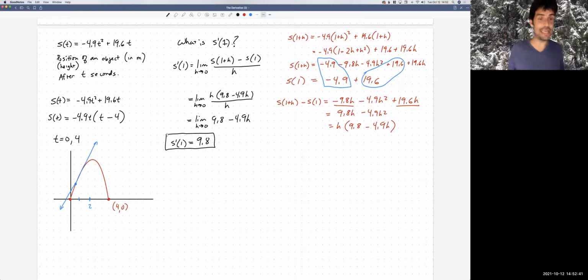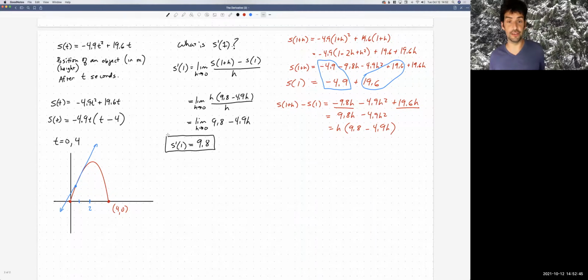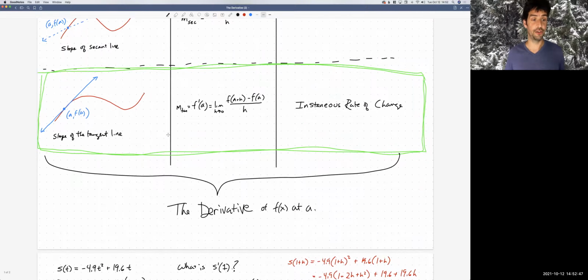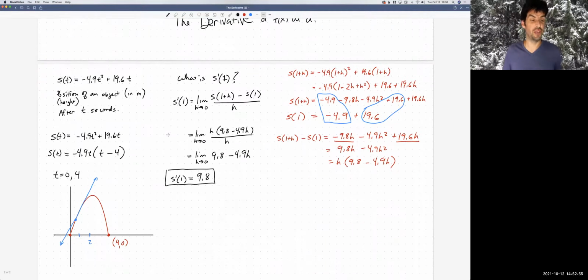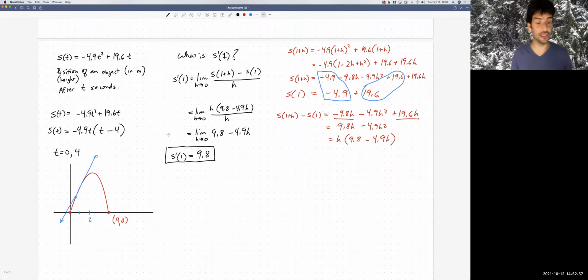What about what it means besides this geometric interpretation, right? So remember the third piece of the puzzle, we have the slope of the tangent line and this limit definition, and we've done both of those, right? We've done the limit definition and we understand that it's the slope of that tangent line. I could, for instance, write the equation of this line. So this point here is at 1, let's just call it s of 1.